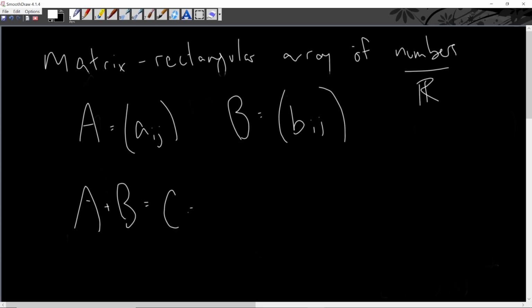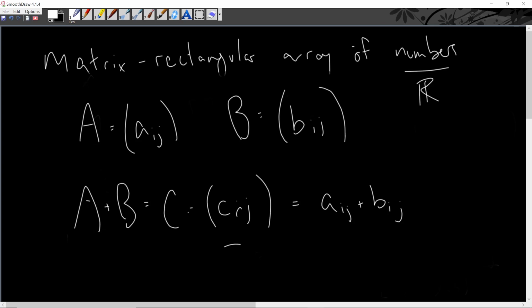If all of these elements are c_ij, then every element c_ij is equal to a_ij plus b_ij. And, yeah, I mean, that kind of makes sense.